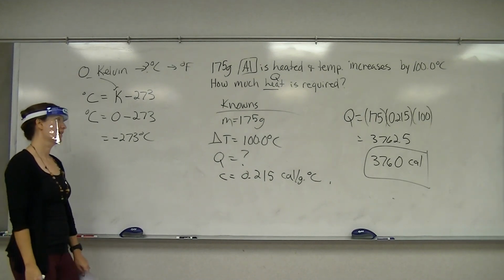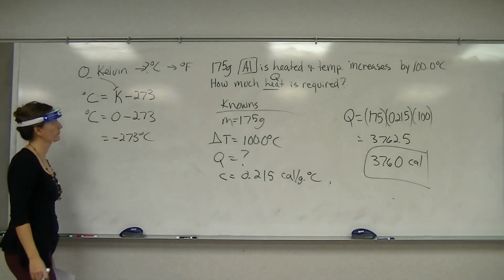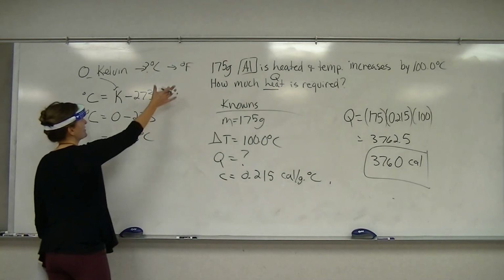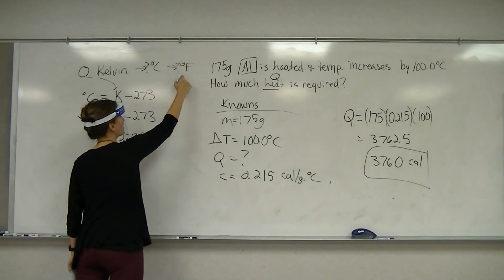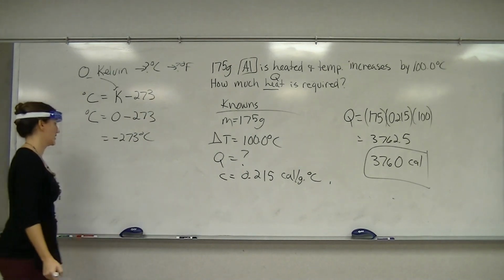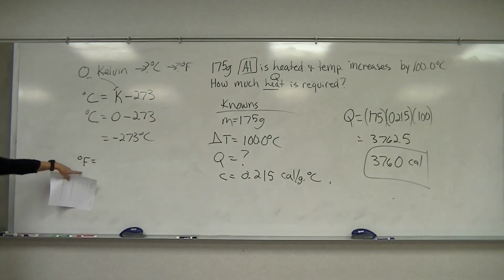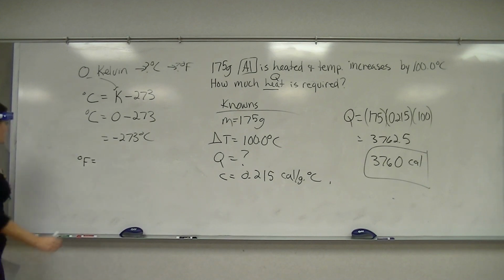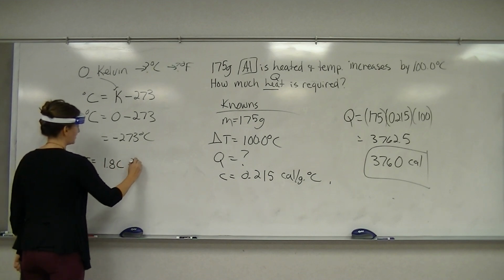Very, very cold. Let's see how cold or how negative that number is in Fahrenheit now. So now, since I'm going between Celsius and Fahrenheit, I find the equation where Fahrenheit is equal to that has Celsius in it as well. We only have one equation where Fahrenheit is equal to something, and that is 1.8 C plus 32.